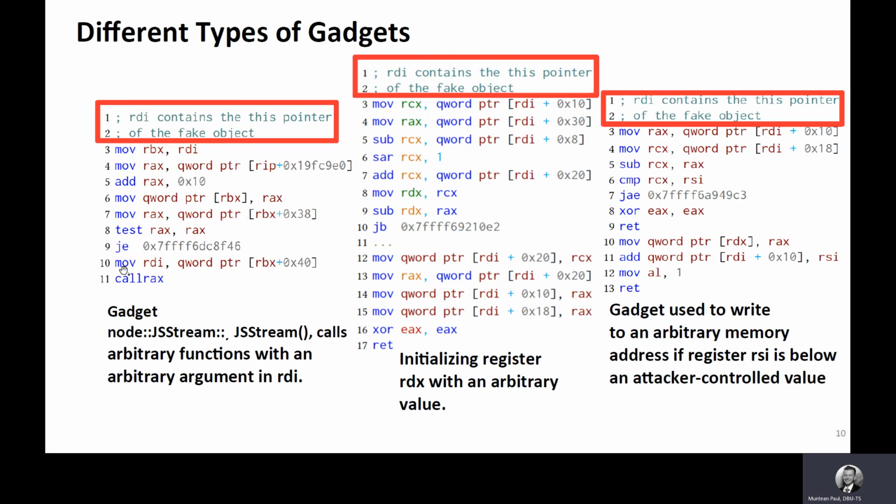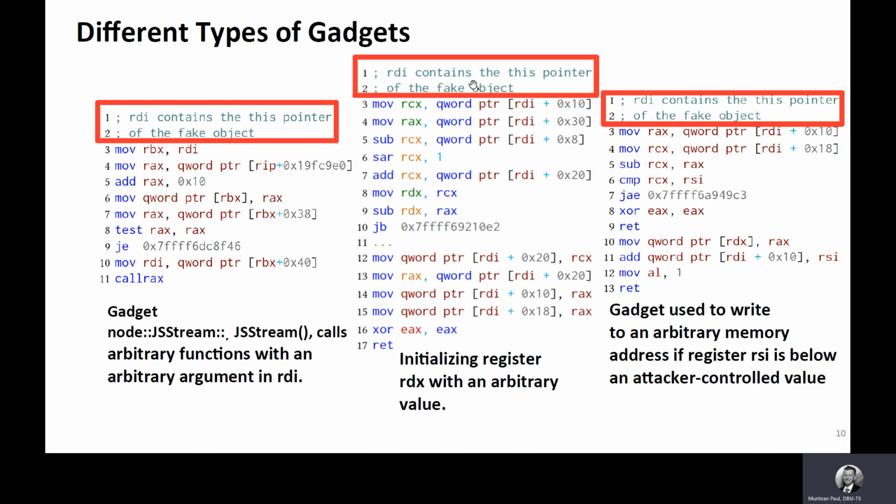Next, I show you different types of gadgets. So on the left, we have this node JStream function, which basically uses the RDE pointer and does certain type of manipulation. Here, for example, in the middle, we have another type of gadget for initializing the RDX register with an arbitrary value.